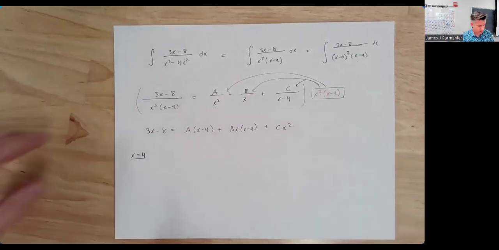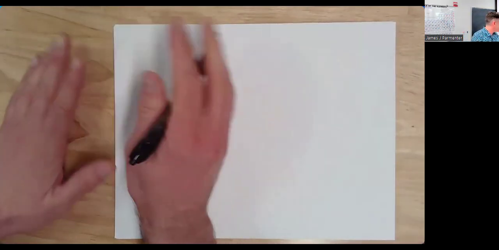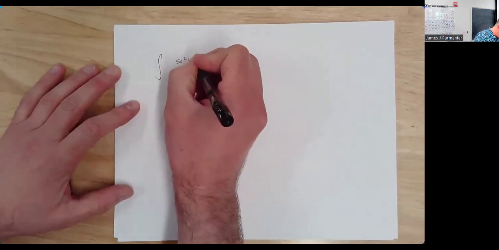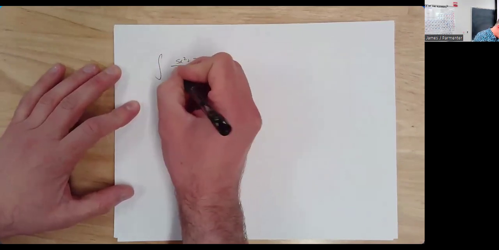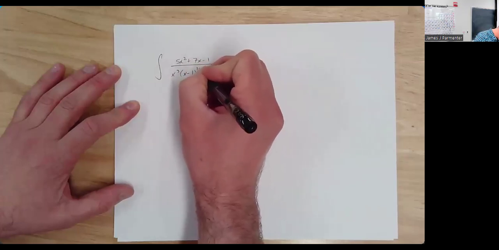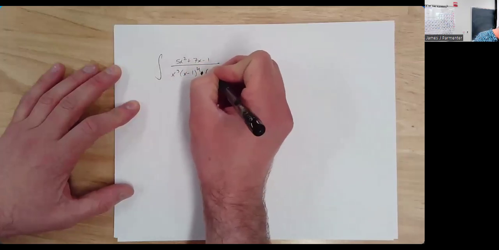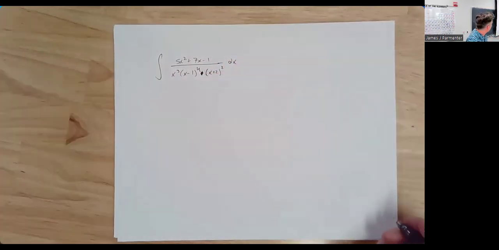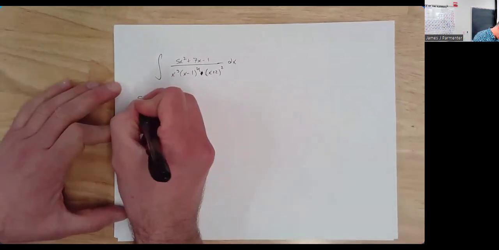Let me go quickly aside here. If someone gave you something awful like 5x squared plus 7x minus 1 over x cubed times x minus 1 to the fourth times x plus 2 to the second, the partial fraction decomposition would have 1, 2, 3, 4, 5, 6, 7, 8, 9 terms, and it would look like this.